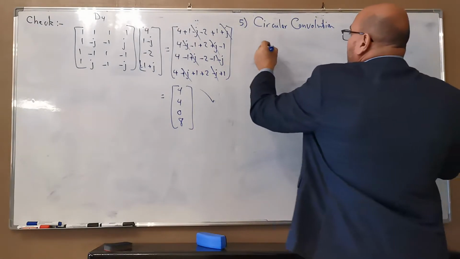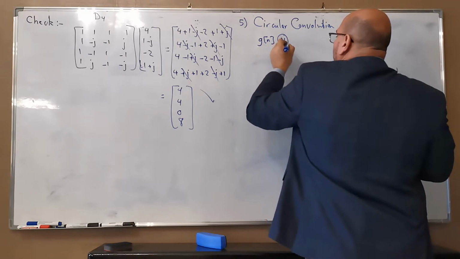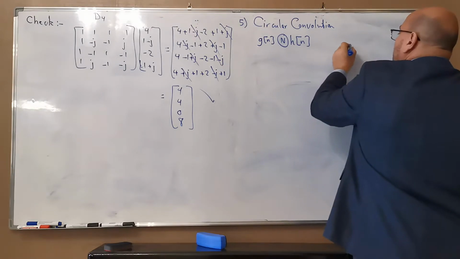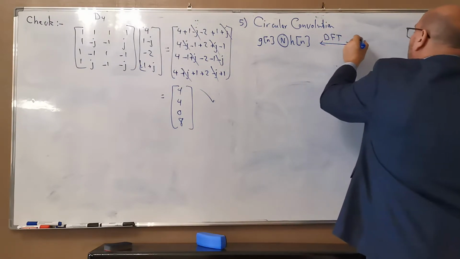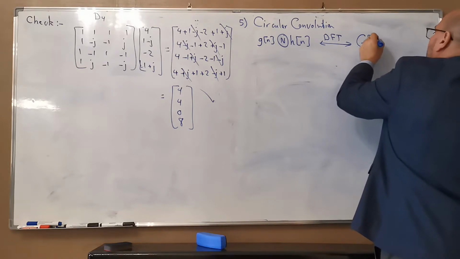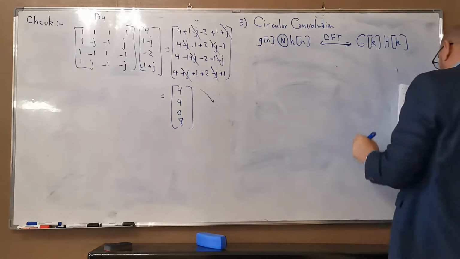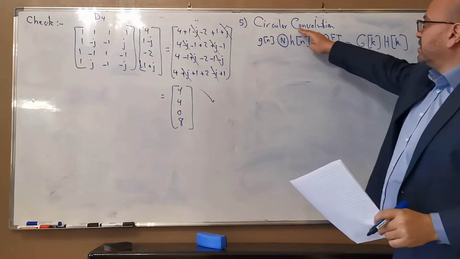Circular convolution. So G of n, circular convolved with h of n, has the DFT of G of k times h of k.